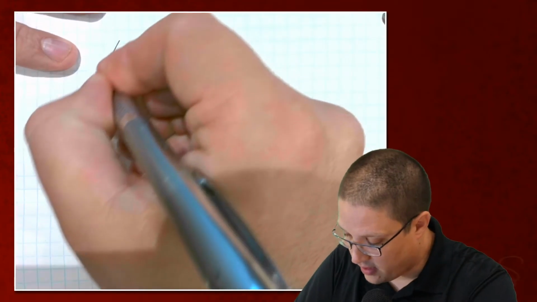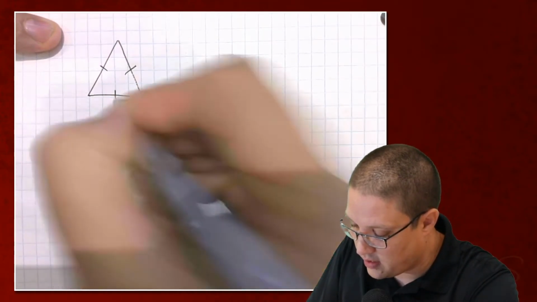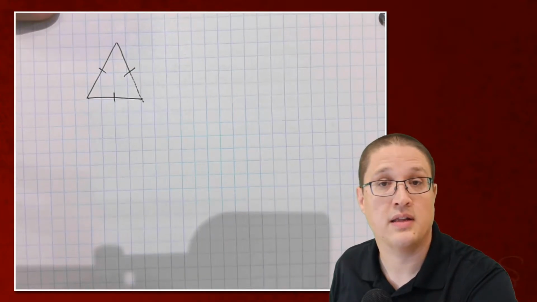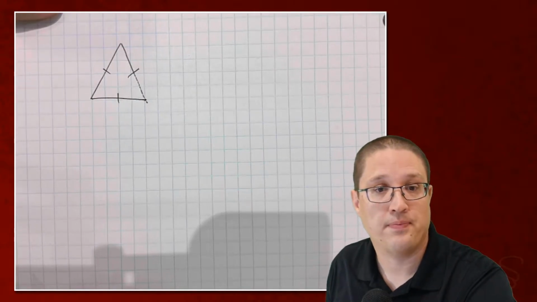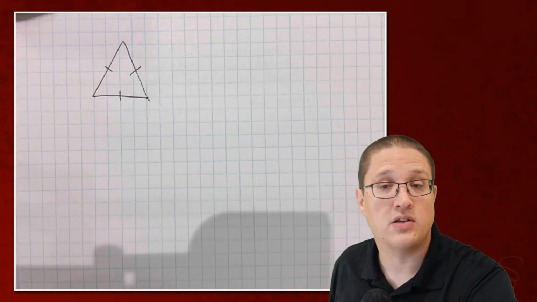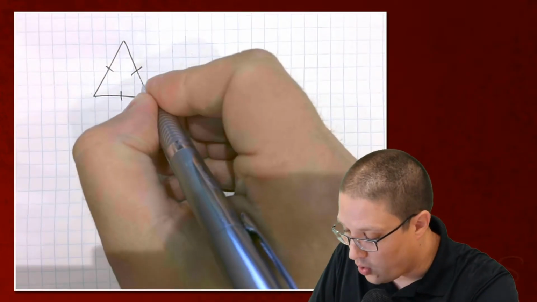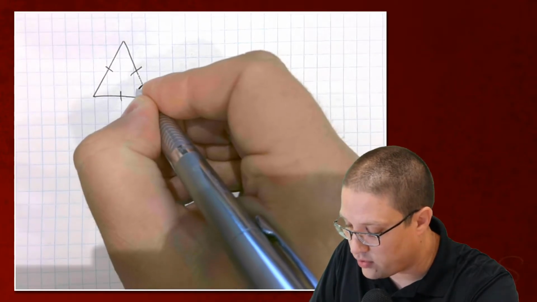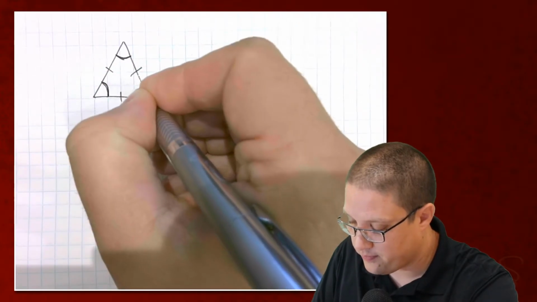If I have an equilateral triangle where I draw out and all three sides are the same length, like this one, we indicate that by putting little tick marks on them. This means all three sides are the same length. Because all three of these angles must add up to 180, I also know that in an equilateral triangle, all three angles must be the same.